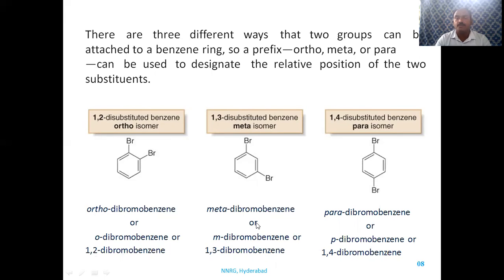Similarly, the meta isomer is called meta dibromobenzene, or 1,3 dibromobenzene. For the para isomer, the bromines are at the 1 and 4 positions, so it is para dibromobenzene, or 1,4 dibromobenzene. The isomers have different names only because of the relative position of the substituents.